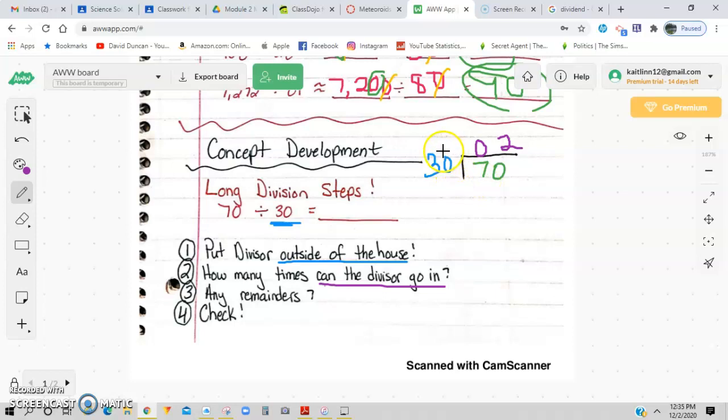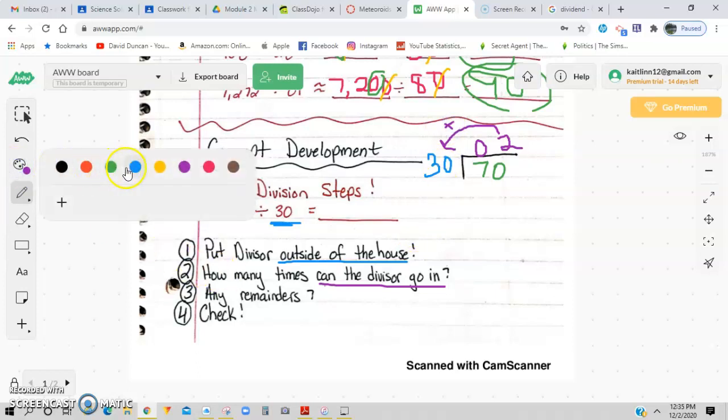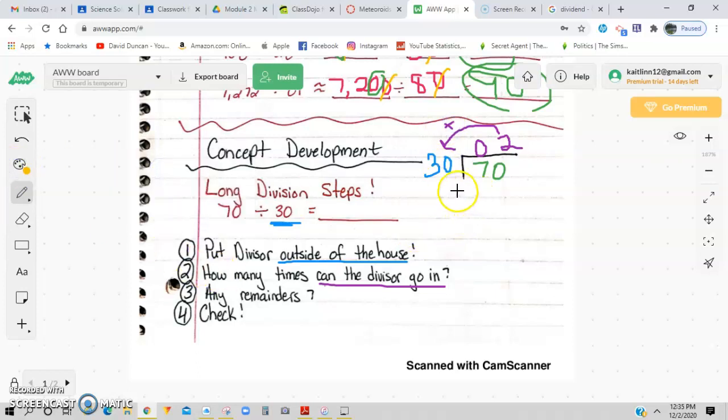So now that I've figured out that 30 can go into the house 2 times, I have to multiply that. So 30 times 2 is going to get me 60. Now I'm going to subtract 60 from my dividend. Again, I got 60 by doing 30 times 2. If I did 30 times 3, I'd have 90, and that's too big.